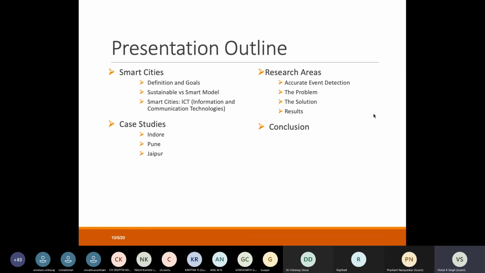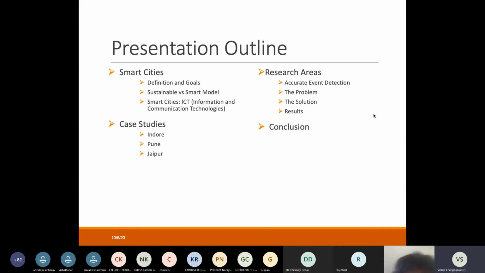For instance, Indore has been doing really well, and we shall be discussing a bit about the model which they are planning and on which they are working. Similarly, for Pune also there is a smart traffic model which I'll be discussing in a bit of detail. I'll not discuss the models in detail, but we'll see the impact and the application areas where the concept of IoT has been successfully applied in these settings.